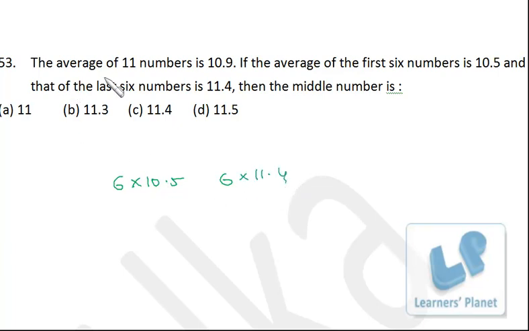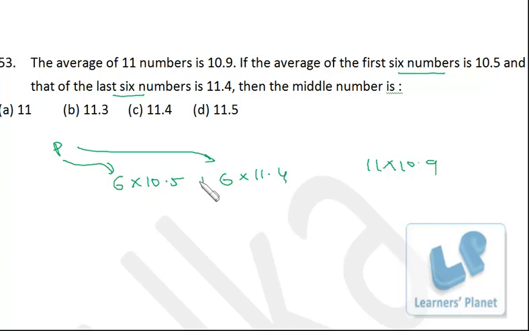Now since we have just 11 numbers, in this case we are adding 6 numbers and 6 numbers. So the middle number is being calculated twice, right? The actual total of these 11 numbers is 11 into 10.9, right? But the middle number, suppose it is P, is being added over here and over here also. Right?